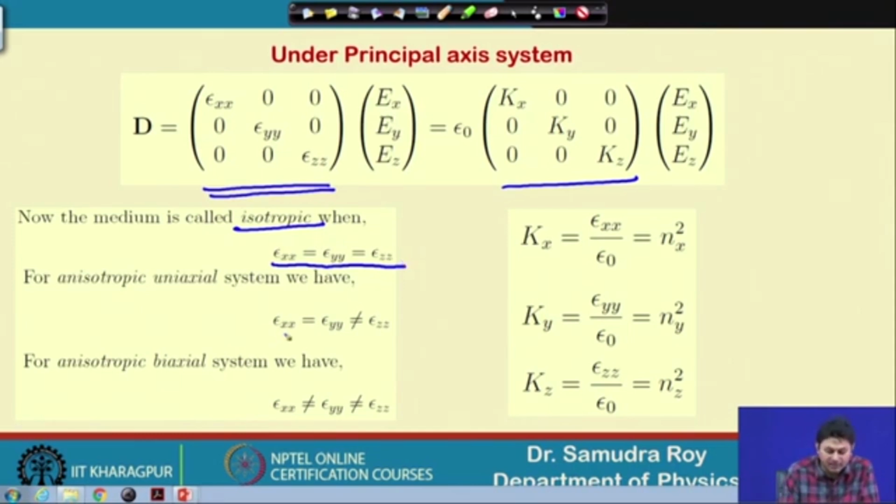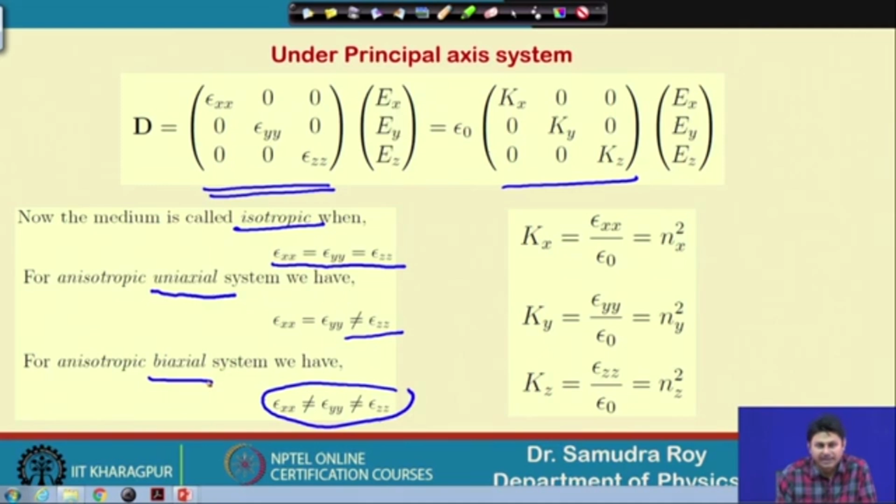If epsilon xx and epsilon yy are the same, but epsilon zz is not the same, this belongs to the anisotropic system, and we call this an anisotropic uniaxial system. In a similar way, if all three terms are different, it is called an anisotropic biaxial system. So, uniaxial, biaxial and isotropic systems. In an isotropic system, all the terms are the same, but in the other cases they are different.